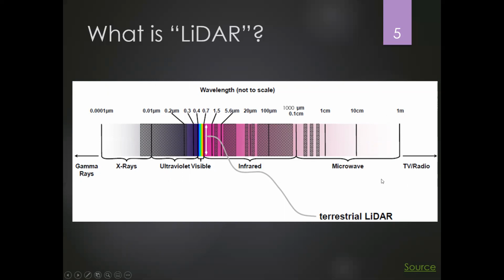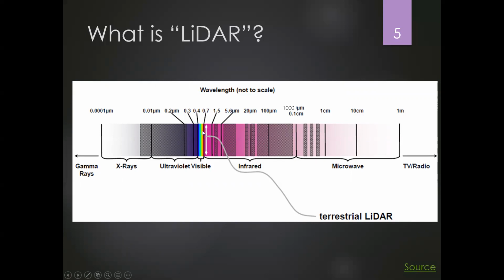LiDAR, on the other hand, uses what? It uses visible and infrared EMR. And the visible EMR can also be called optical EMR. So it means that LiDAR is using visible and infrared EMR.